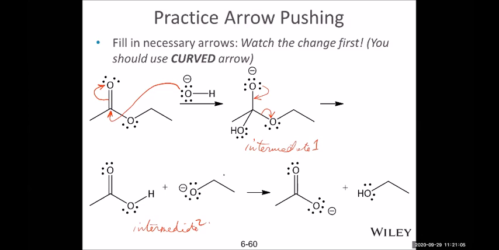And also the S-oxide becomes alcohol. So that should be the typical proton transfer. That will be the second step, which leads to the final product.